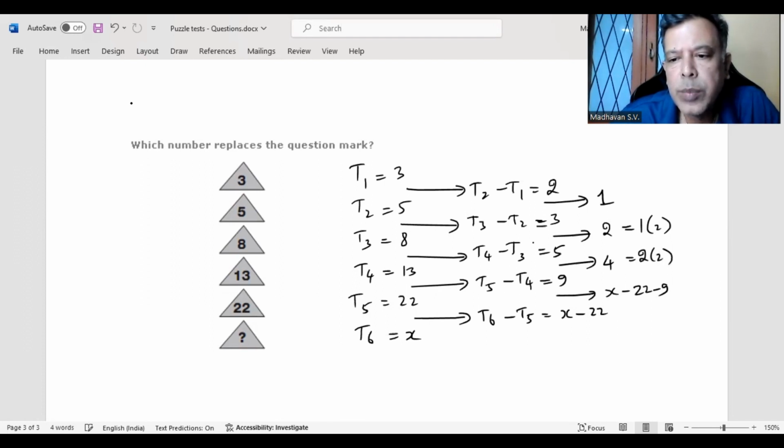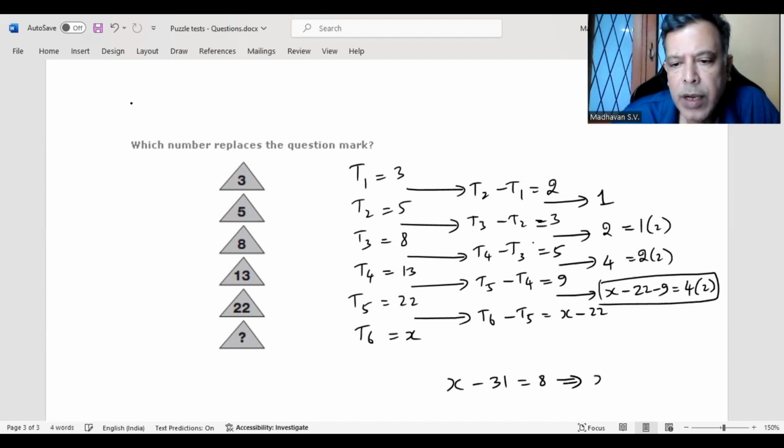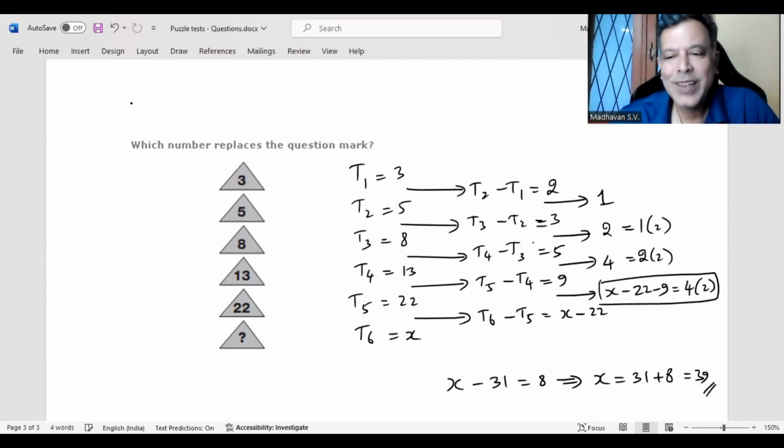So this should be the previous into 2, which means we can equate this separately. X minus 31 equal to 8. That means our X should be 31 plus 8 and it should be 39. So the question mark, whatever it is, it should be 39.